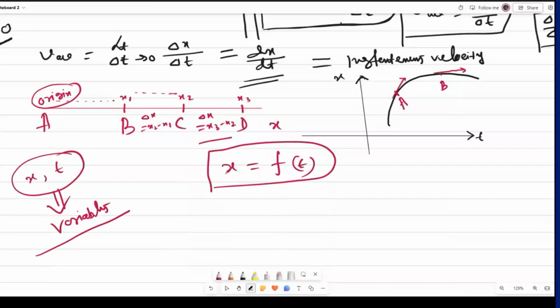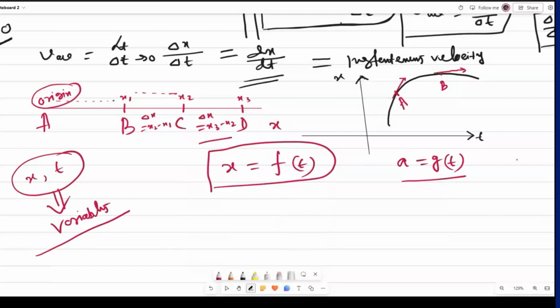Displacement is a function of time. Acceleration is a function of time. Somebody can write acceleration equal to gt, some other function. This is the concept of function.